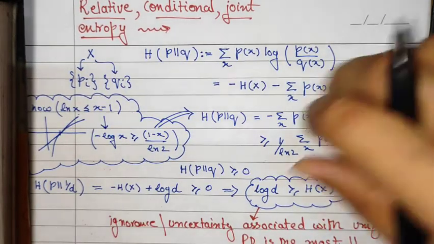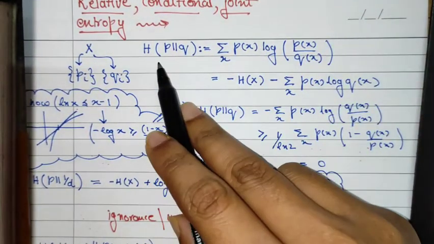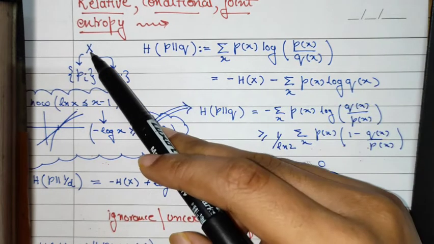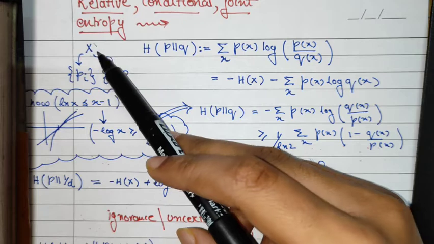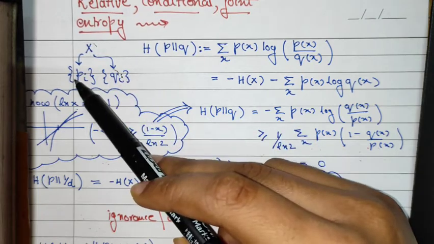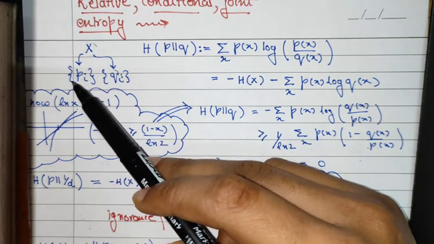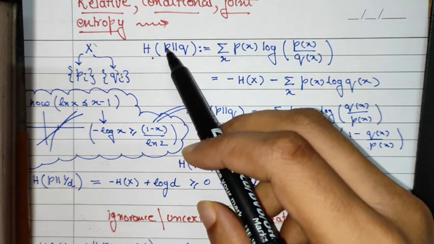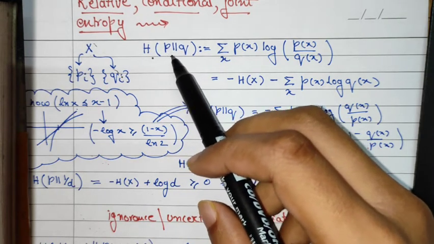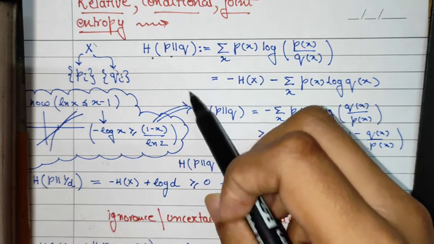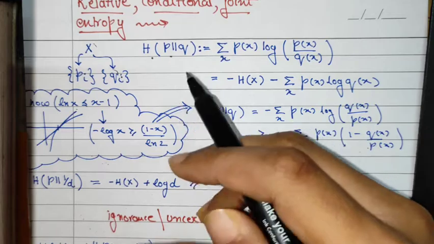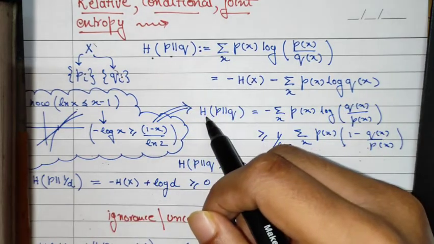So let's start. The first definition is associated with the relative entropy. Suppose associated to the random variable x, we have two different probability distributions p and q. The relative entropy of p relative to q measures how close, in some sense, these two distributions are. It is not a true measure, it is a pseudo measure.